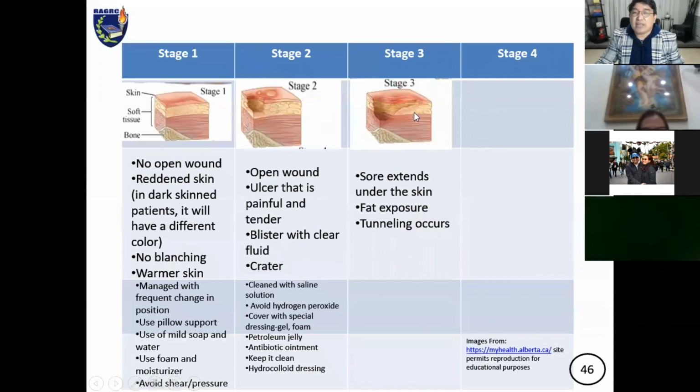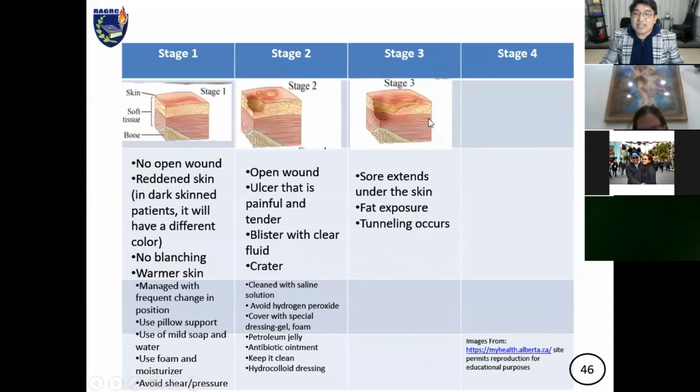So what results if that happens? In stage 3 pressure sore, what you see may not tell you the whole picture. There's more underneath because of the tunneling, okay? There's a fistula formation. So a hole is usually bored out of the underlying tissues, okay?